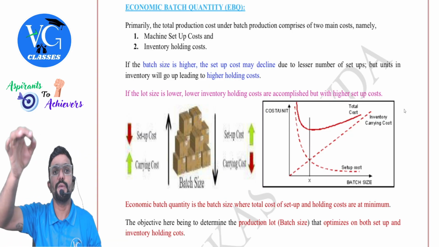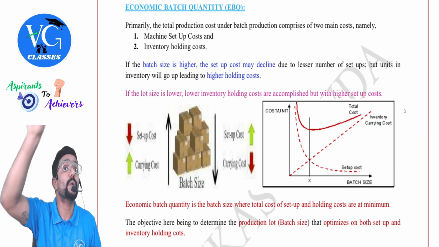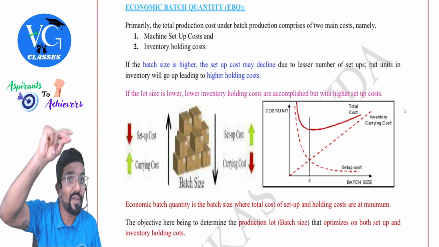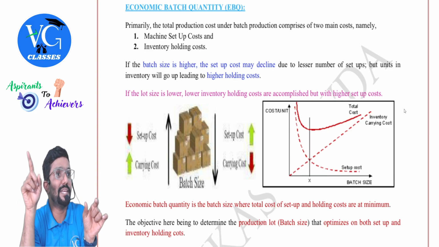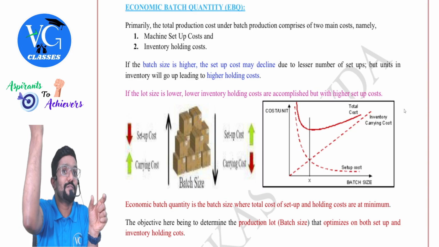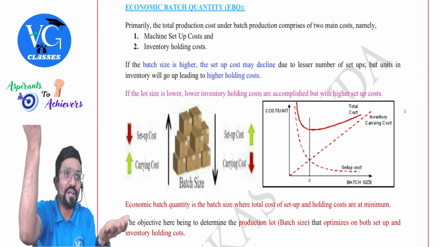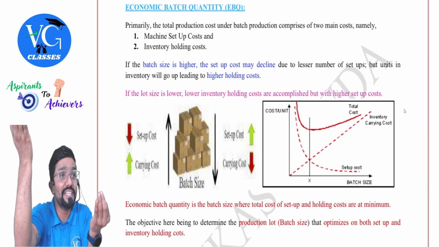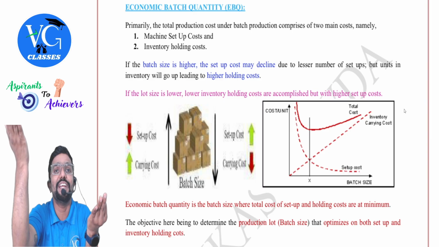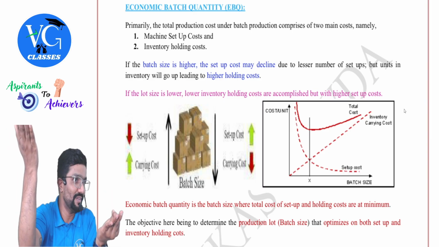Correct? Yes. So EOQ we will calculate for what, guys? Raw material. And if carrying cost is given in percentage, we will apply that percentage on what? Purchase price. Because the higher the purchase price of the raw material, the higher would be the carrying cost. Why, sir? I have to take extreme care of it, so accordingly my carrying cost would be more.